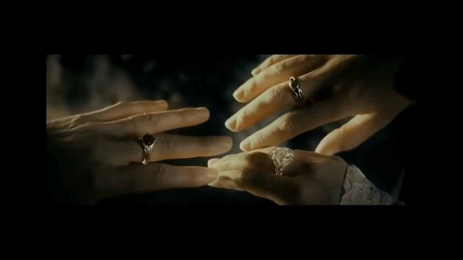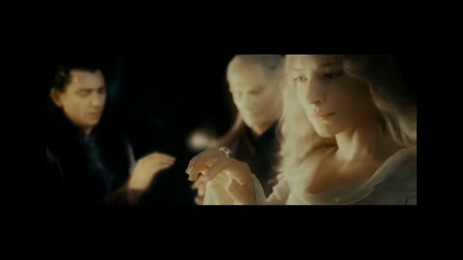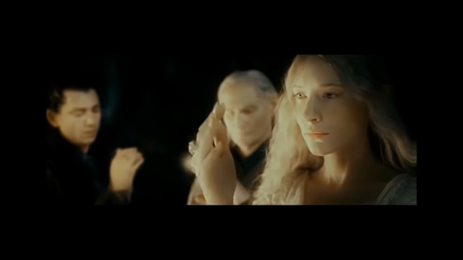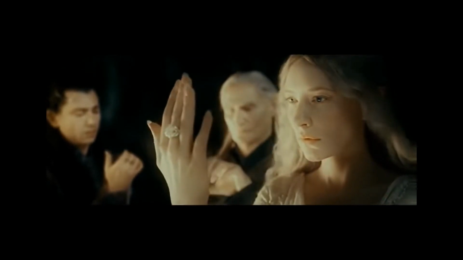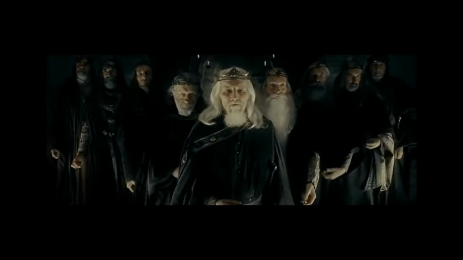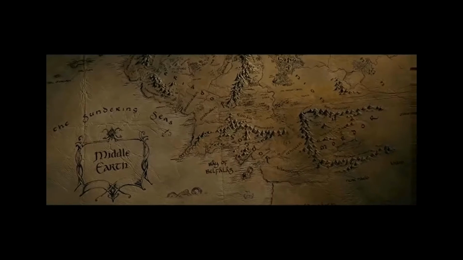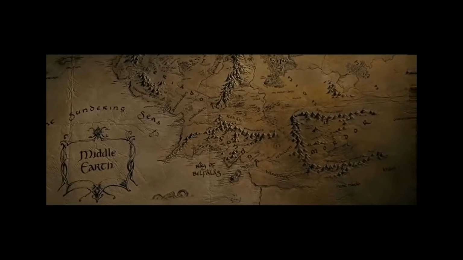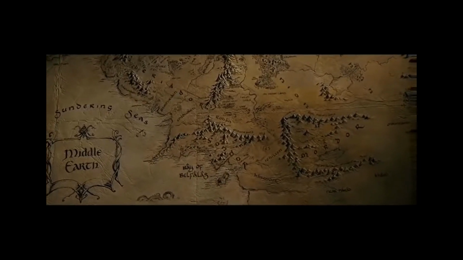It began with the forging of the Great Rings. 3 were given to the elves, immortal, wisest and fairest of all beings. 7 to the dwarf lords, great miners and craftsmen of the mountain halls. And 9 rings were gifted to the race of men who above all else desire power. For within these rings was bound the strength and will to govern each race.